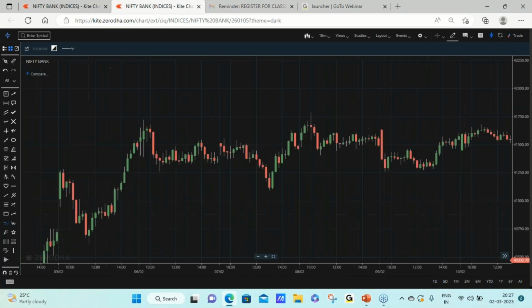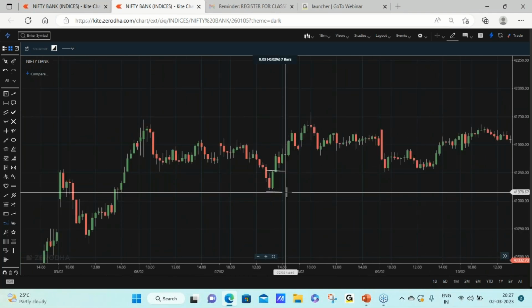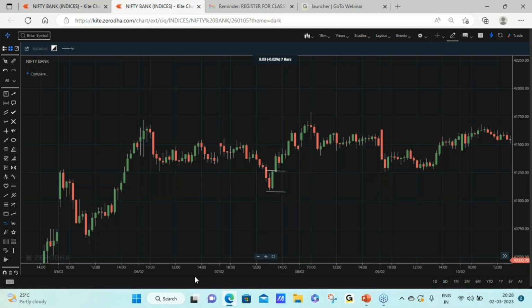So okay, can I consider this to be a bullish engulfing? Or do we have the low of the red candle covered by green, or is the red candle popping out of the green candle? It is not bullish engulfing because the low of the green candle is not covered, right?